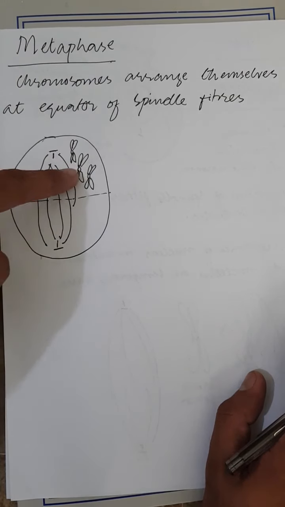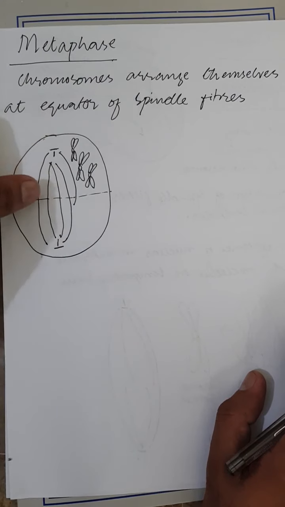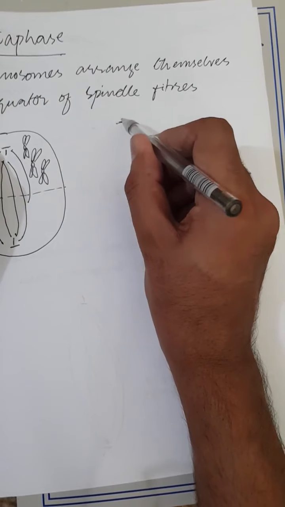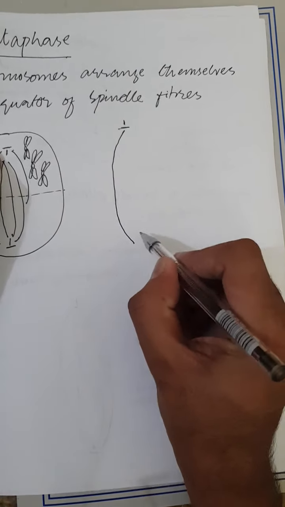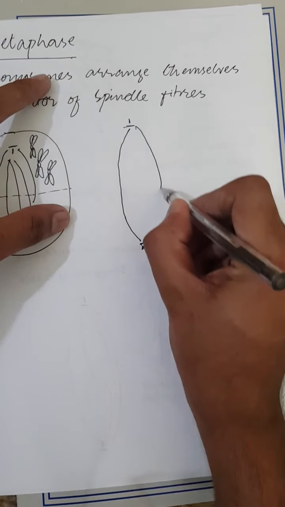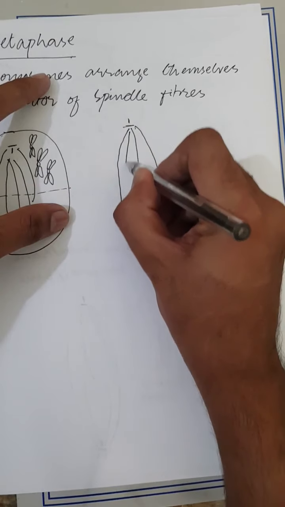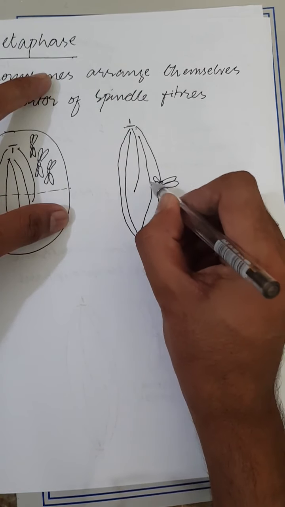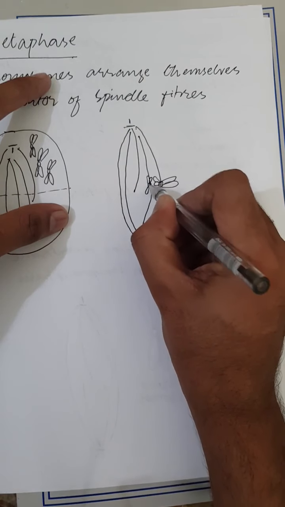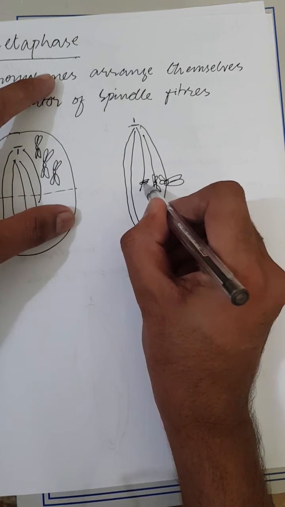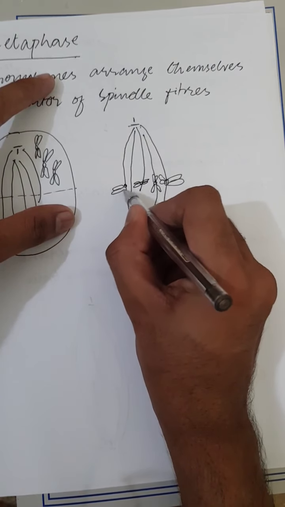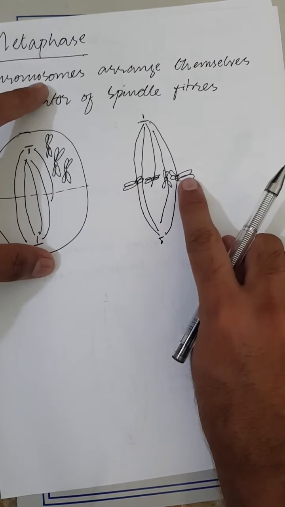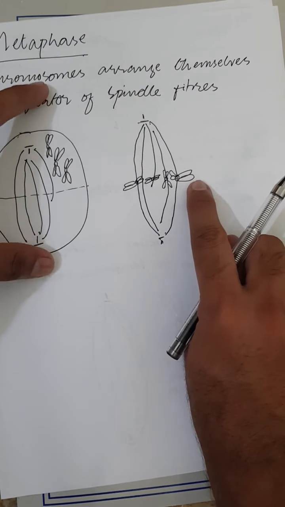So in this phase, the chromosomes will arrange themselves at the equator of the spindle fiber.